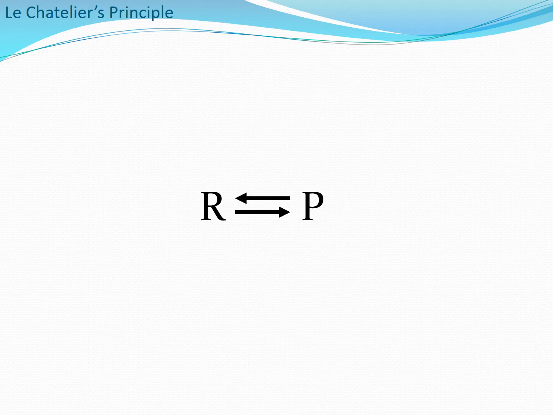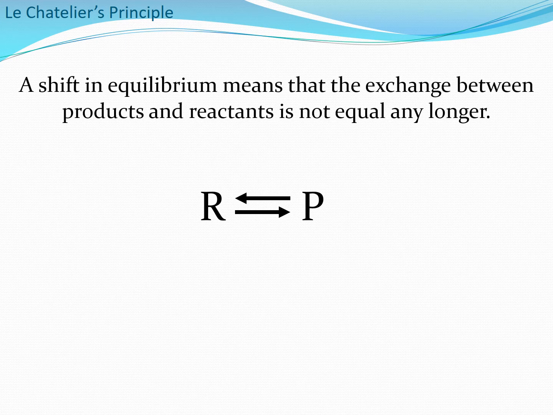Now when in equilibrium, the amount of products turning into reactants equals the amount of reactants being turned into products. That's what makes it equilibrium. The exchange is equal. A shift in equilibrium means that the exchange between products and reactants is not equal any longer.